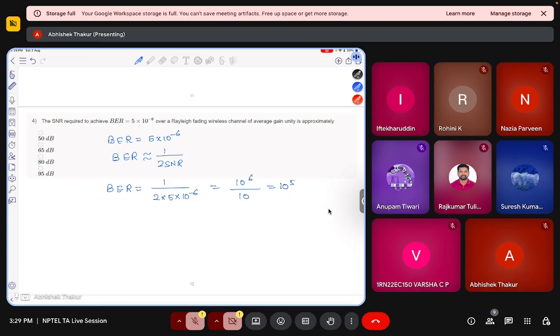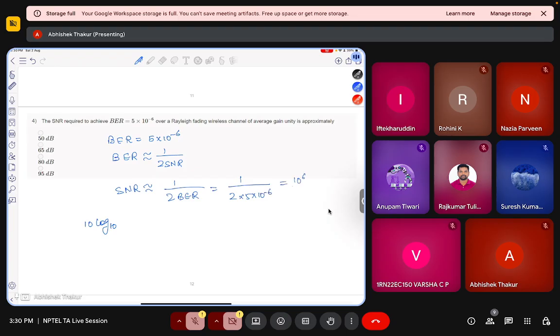Now when we convert this into dB, 10 log 10, sorry, we have to find SNR. So SNR is equal to 1 by 2 into bit error rate. So this will become 1 by 2 into 5 into 10 to the power of minus 6.